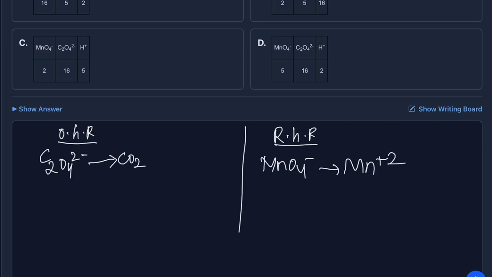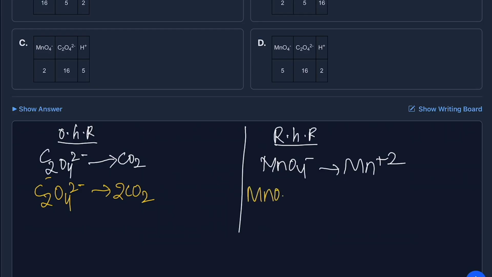Here how many carbons are there? 2. Here only one carbon, so we have to balance: C2O4 2 minus gives 2CO2. Next, in MnO4 minus, how many oxygens? 4. Here there is no oxygen, so we have to add oxygen with the help of water.